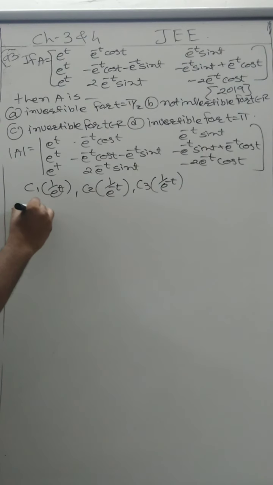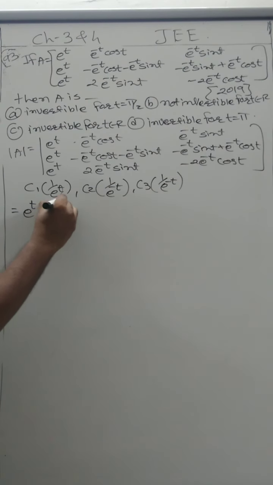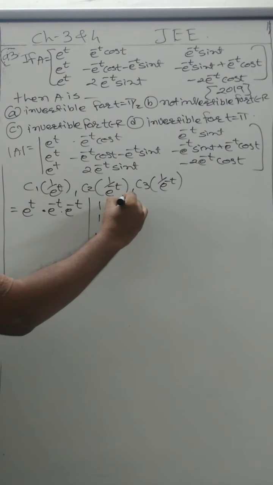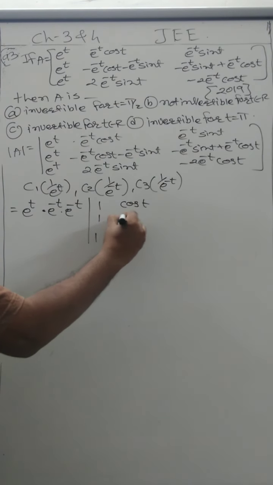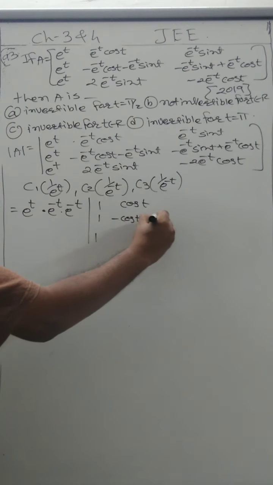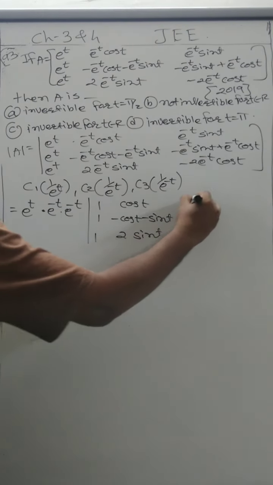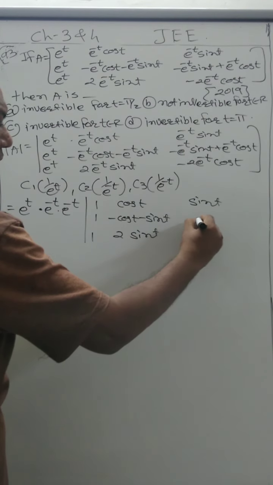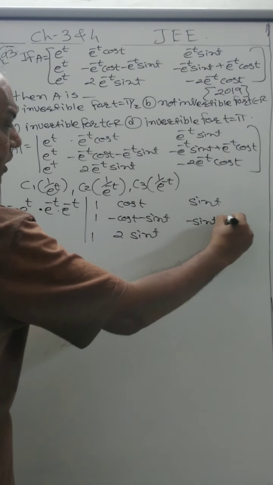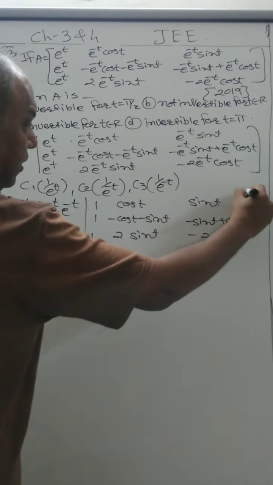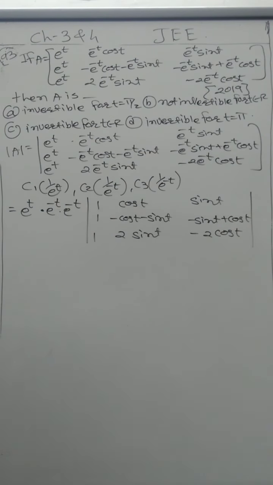So we have e raised to t into e raised to minus t into e raised to minus t. So we have the determinant with rows 1, 1, 1; cos t, minus cos t, sin t; 2 sin t, minus sin t plus cos t, minus 2 cos t. Right? Now we just simplify here.